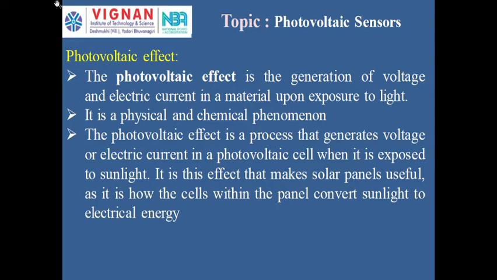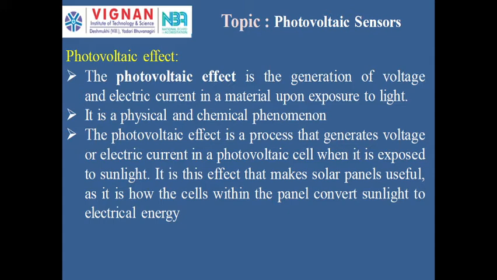Generally, the photovoltaic effect is the generation of voltage and electric current in a material upon exposure to light. That means it simply converts light energy or sunlight energy into electrical energy. It is a physical and chemical phenomenon.